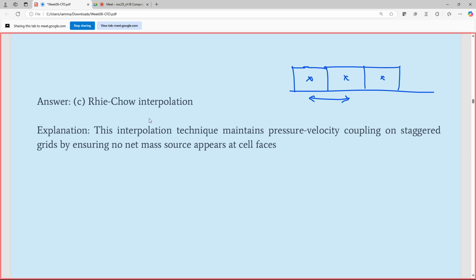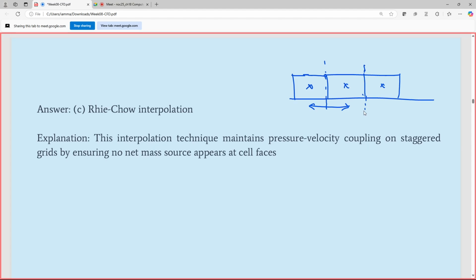That's why Rhie and Chow proposed taking velocities at the walls, midway between the velocities or faces of the cells. Such an interpolation method is called Rhie-Chow interpolation.